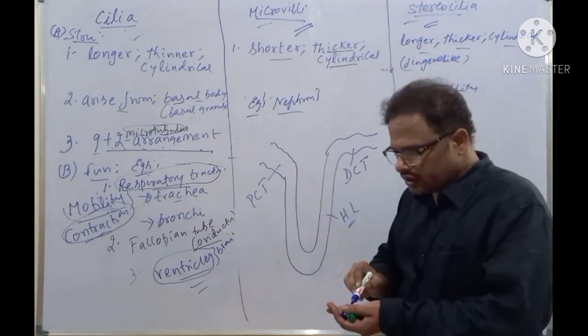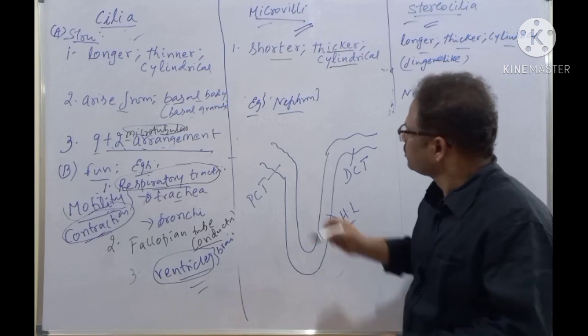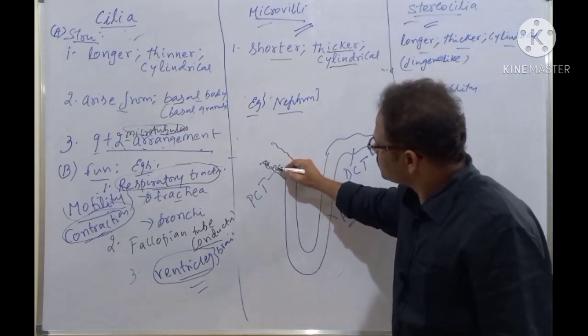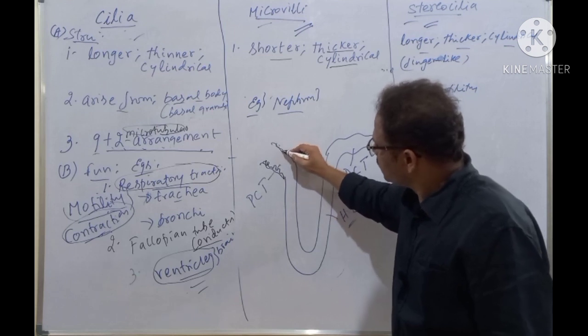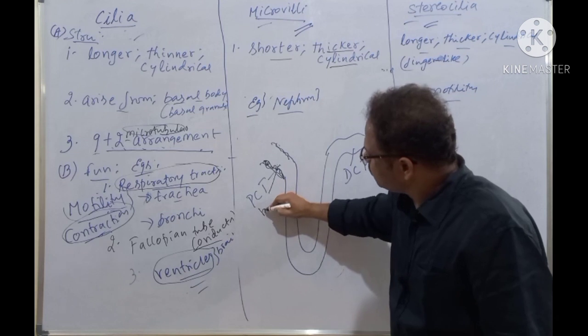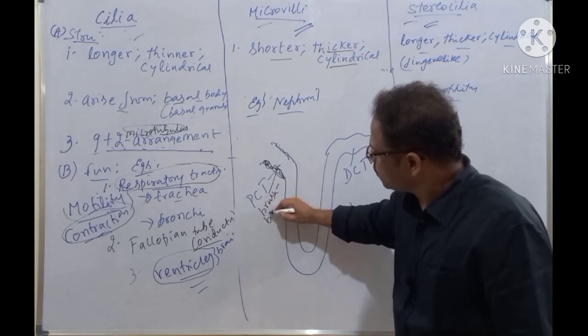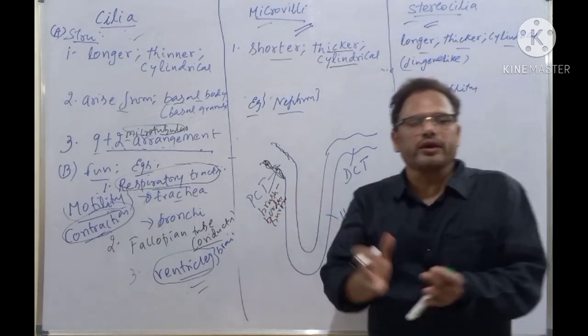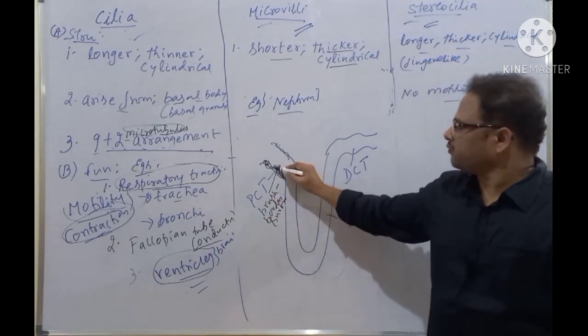The PCT contains the microvilli. These are the microvilli present here. These form the brush border surface here again, because all these microvilli join to form the brush border surface.